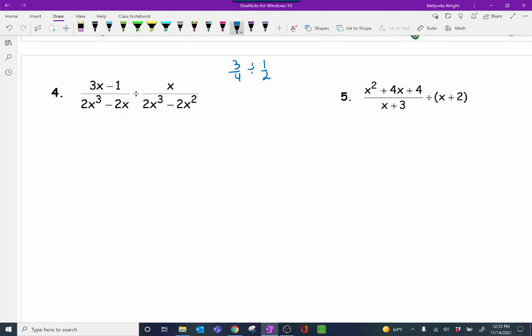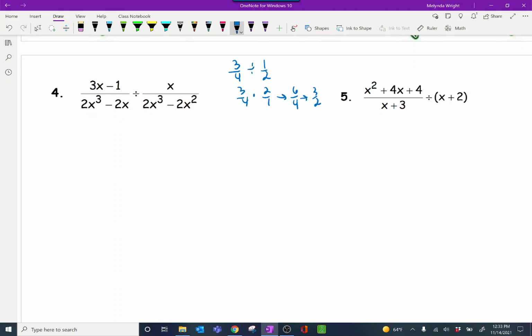We really don't want to divide fractions, so instead we would do 3/4 times 2 over 1. That's way easier. That would be 6 over 4, and then we would reduce that, so that would be 3/2. That's the concept we're talking about here, but these aren't just simple numeric fractions. They're algebraic fractions, but same concept.